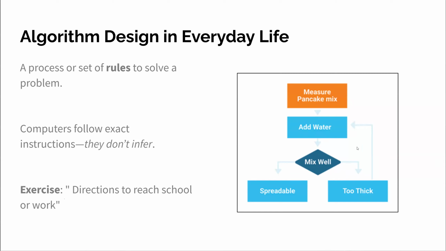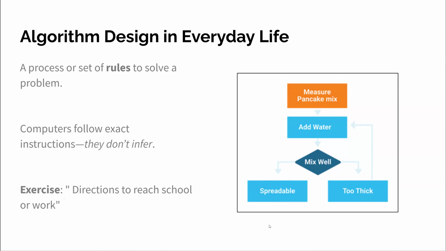It's not complex, of course, but we have some kind of feedback here. So you measure pancake mix, you add the water, you mix everything together. If it was too thick, then you go back and add water again. If it's spreadable, then you can just start making the pancakes. So this is an algorithm.